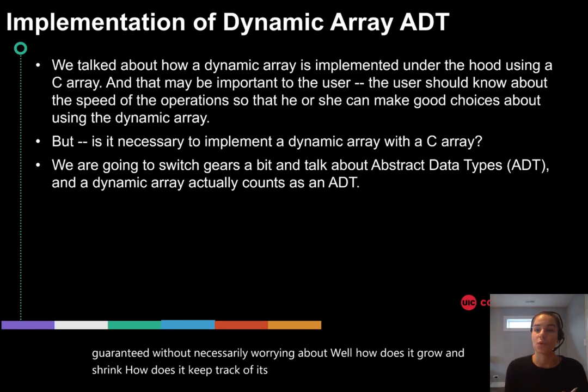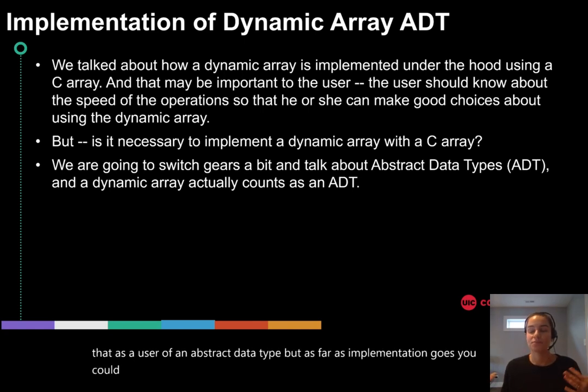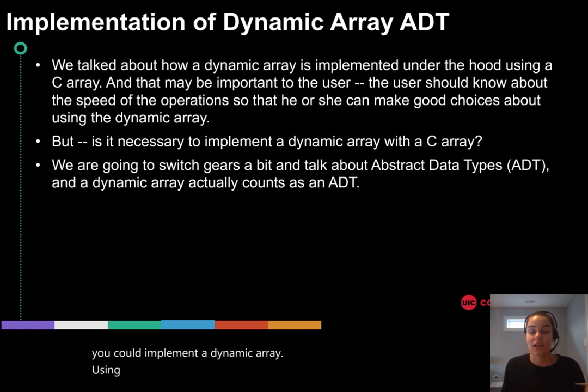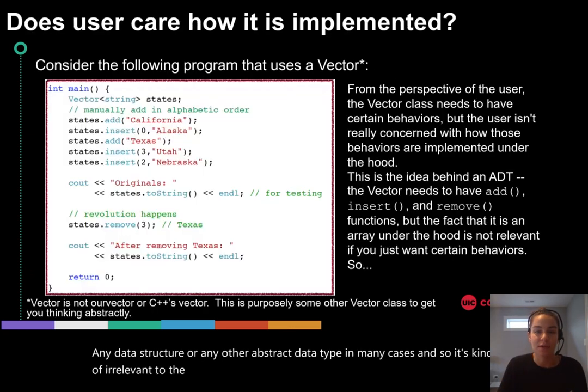You don't have to worry about that as a user of an abstract data type. As far as implementation goes, you could implement a dynamic array using any other data structure or any other abstract data type in many cases, and so it's irrelevant to the discussion of its behavior today.